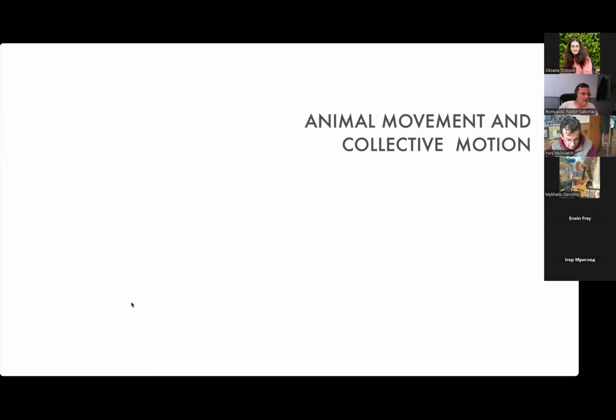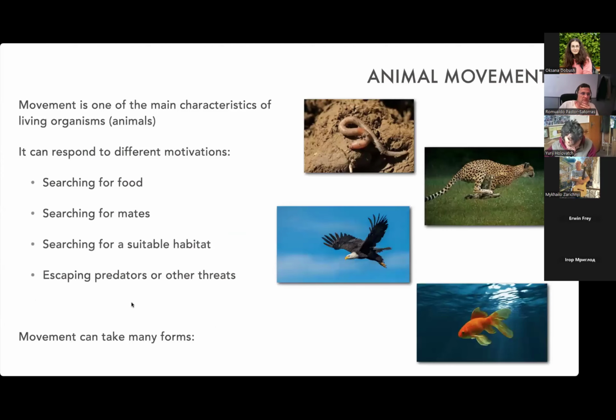So the idea is we are going to study animal movement. This movement is one of the basic characteristics of living organisms. They move because they look for food, they look for mates, they have to look for a better place to live when the one they are in becomes ruined for some reason. They have to move to catch food.